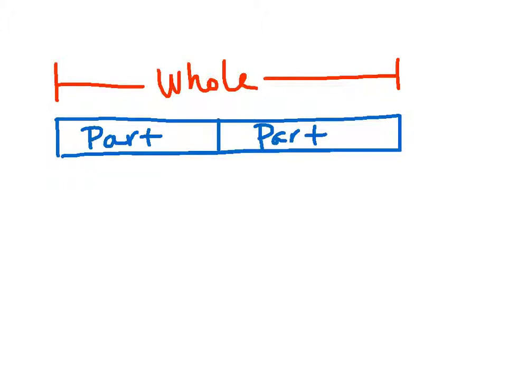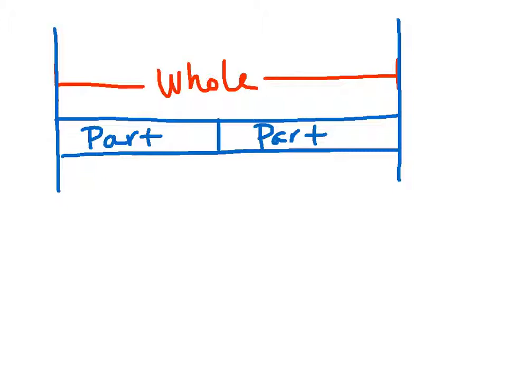It's really important for us to notice that these places right here line up. That's so we know that what's inside of those is equal, right? So the whole, if you were to take both the parts, and we had to measure something, you would say that those parts measure out to exactly the same size as the whole.